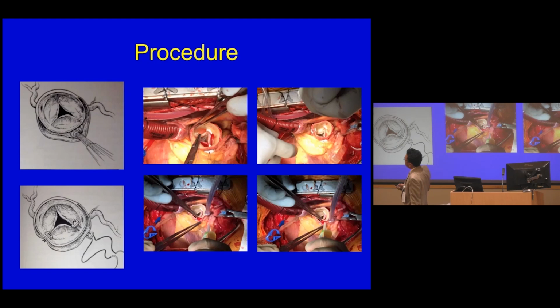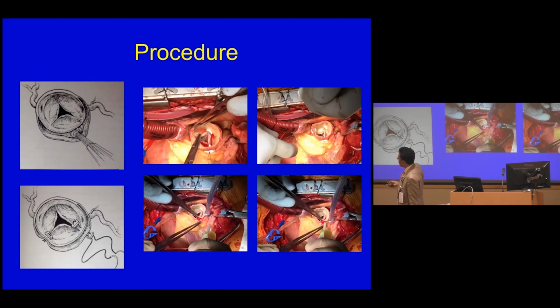In this case here, I'm doing the resuspension, putting in my commissuroplasty sutures. I then put interrupted sutures around the vessel, bringing the two layers together, and then I use BioGlue to glue the pieces together. This gives you a nice, sturdy reinforced aortic segment onto which you're going to sew your graft.